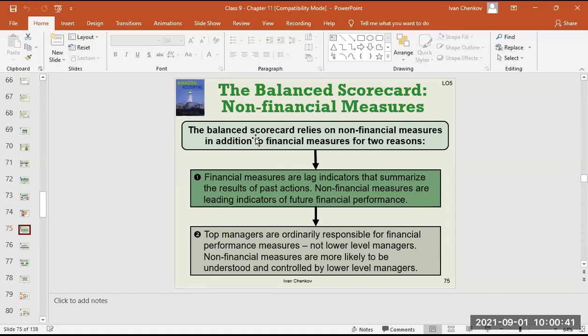Non-financial measures are leading indicators which can affect your future performance. So if you learn and grow, and implement those in your qualities, that's going to satisfy the customer. That's going to come in the next period as a high salary. So you can see that if you want to affect the future, you have to start today, and you have to learn and grow.